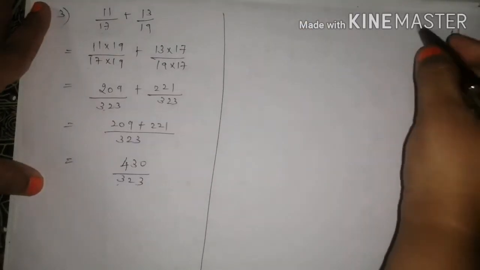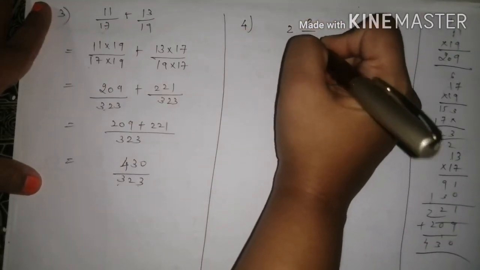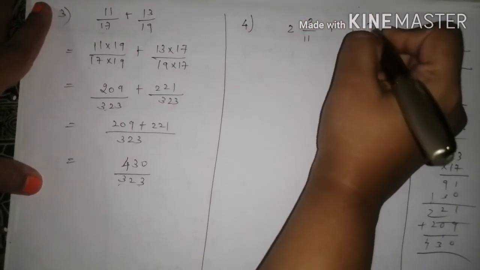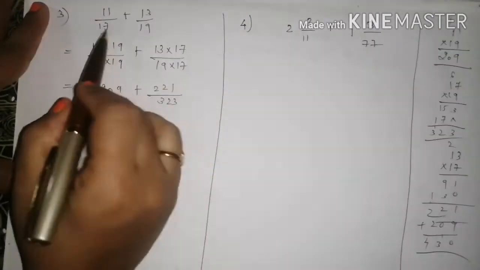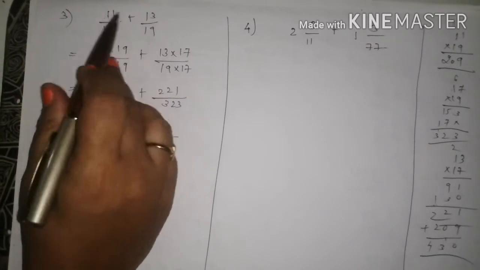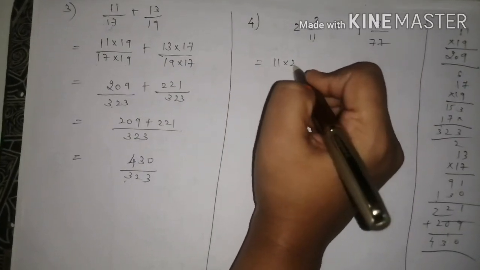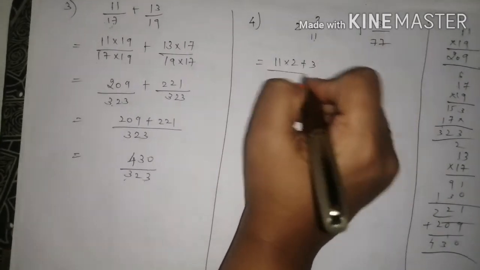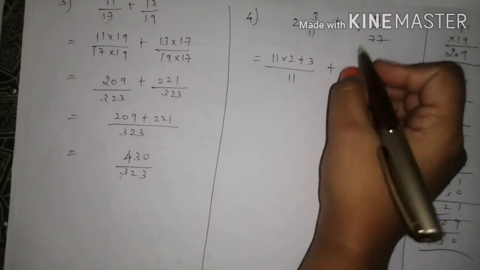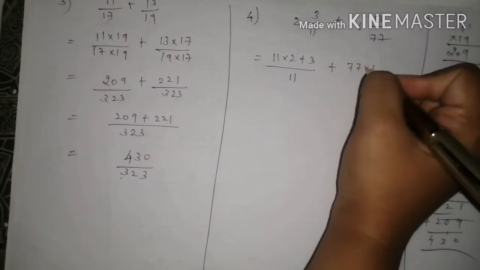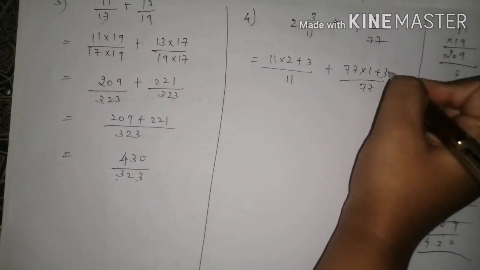Now fourth sum. Fourth sum is 2 3 by 11 plus 1 3 upon 77. Again the number is in mixed form, so convert them first into rational form, P by Q form. So 11 multiplied by 2 plus this 3 numerator, then this denominator 11 as it is, plus 77 into 1 plus this 3 upon this 77.